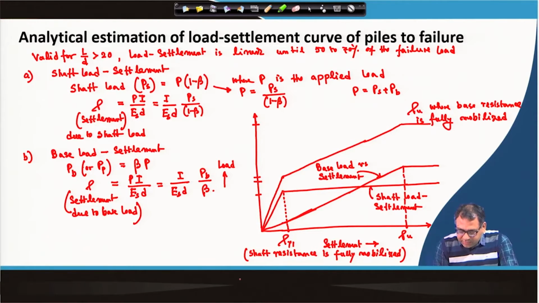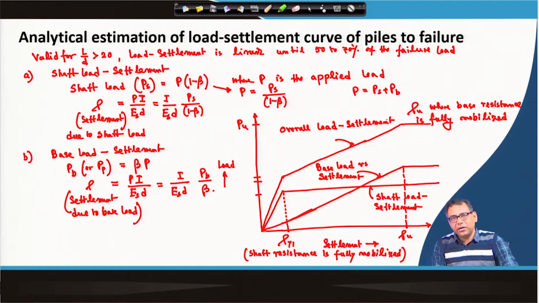These points are, this is the ultimate load, because this is the overall load settlement plot. So, this will give you the maximum load, that is P u. Now, this point is given.